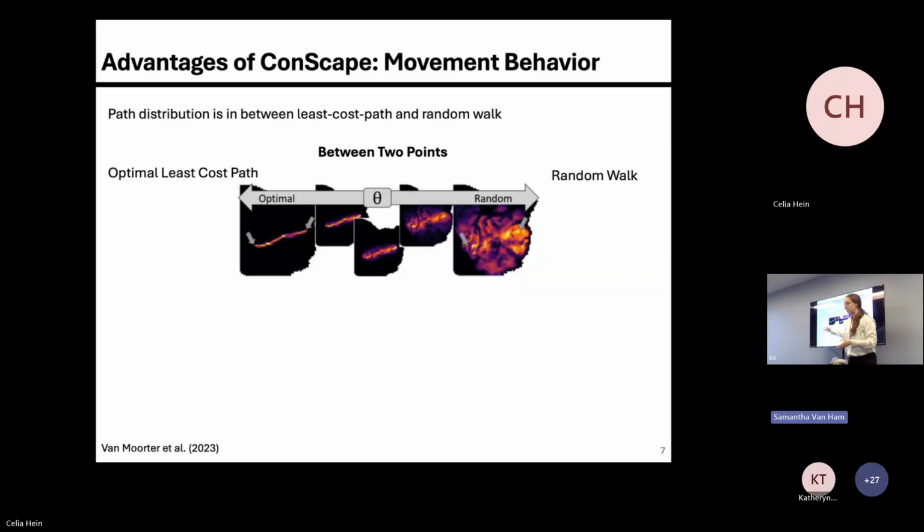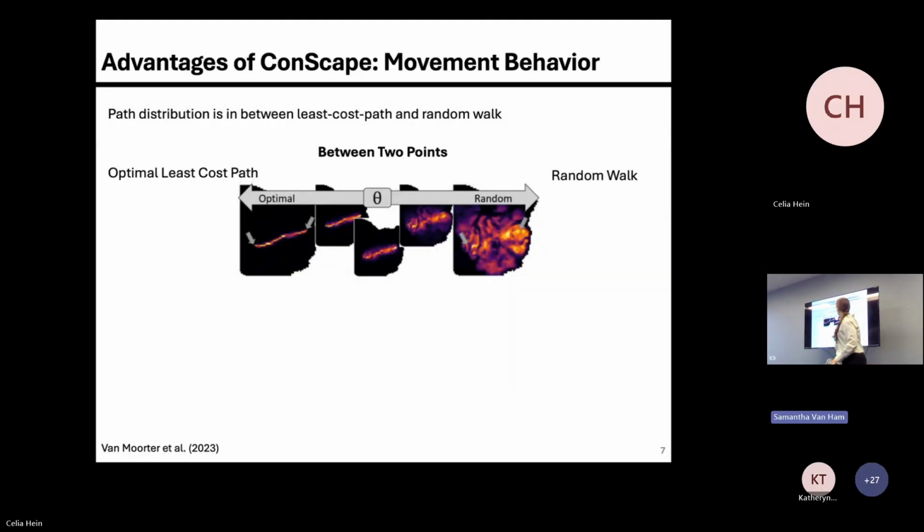Okay? However, on the opposite end of the spectrum, we have something like circuitscape or density modeling, where you have entirely random movement from these 2 points, and you consider all possible paths in between. And that's also not necessarily realistic, because we know that animals don't move entirely randomly either.